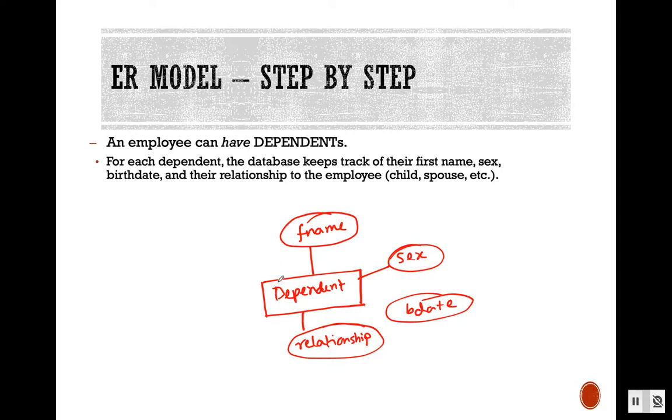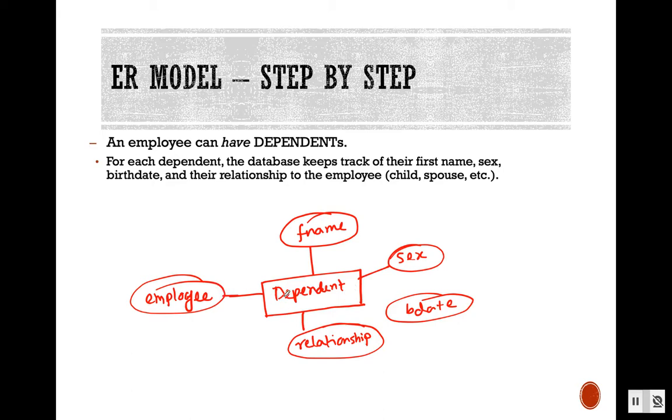And we need another attribute because each dependent is associated with an employee, right? So we need an attribute of the employee name, meaning which employee the dependent is the dependent of. So employee should also be an attribute for this dependent.